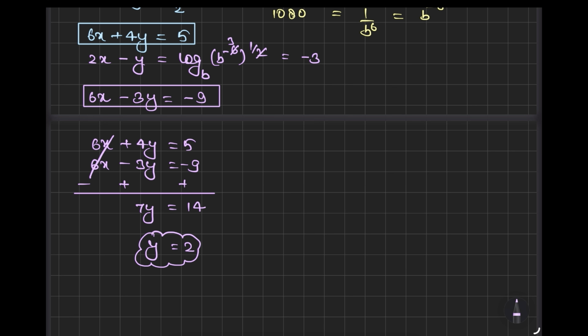If y is 2, let's find x. So it is 6x plus 8 equals 5, so it becomes 6x equals minus 3, and x becomes minus 1 by 2.